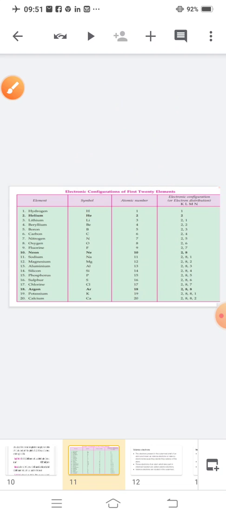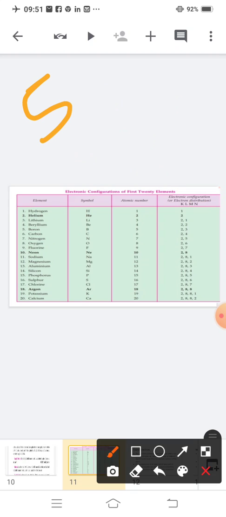Clear? Now boron atomic number is 5, and in the first shell you can locate only 2 electrons. So out of 5 you have already located 2. How many are remaining? 3 are remaining. In the second shell you can locate 8 electrons, but here the remaining electrons are only 3.